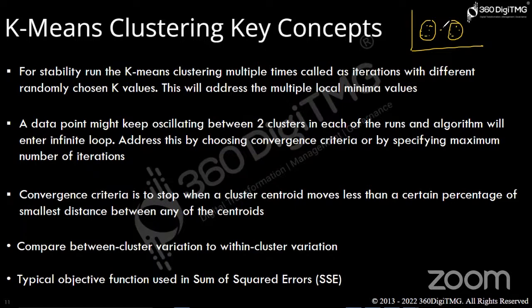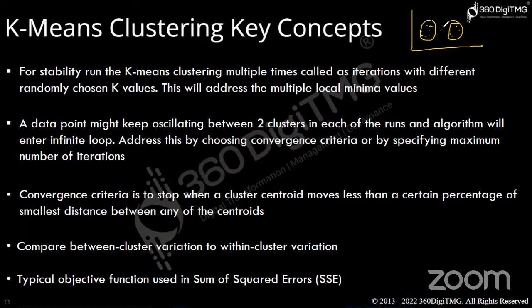That is one thing we have. When it comes to convergence criteria, it is to stop when a cluster centroid moves less than a certain percentage of the smallest distance between any of the centers. At some point we get almost the same mean and it is not moving forward. The centroid is fixed at some point and is not moving anymore.